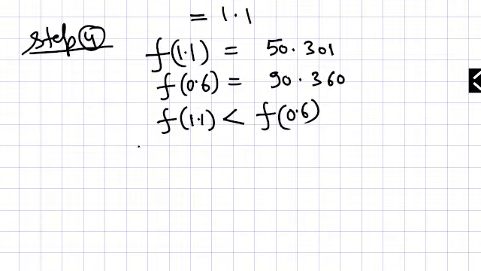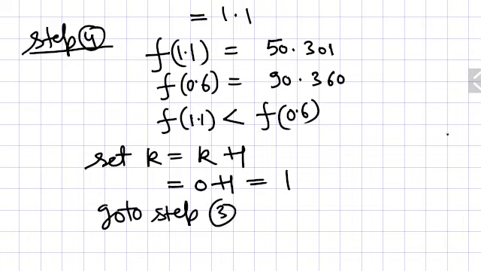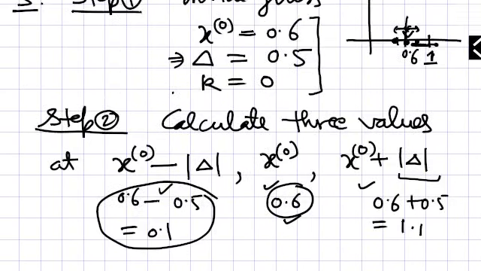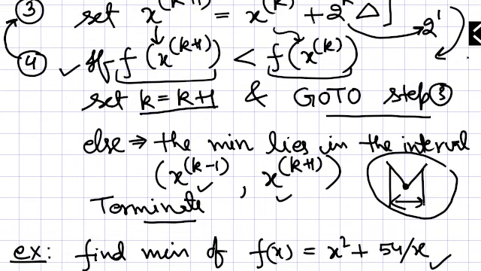So what we will do is set the new value of k, it will be 1. Now go to step 3 again. As it was here, go to step 3. So what is this, your step 3?